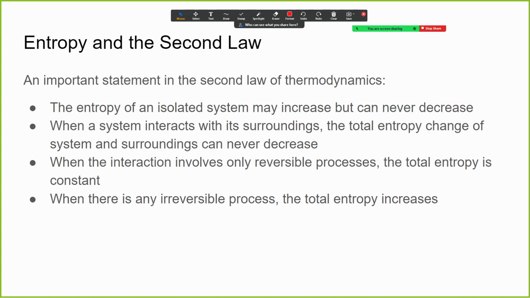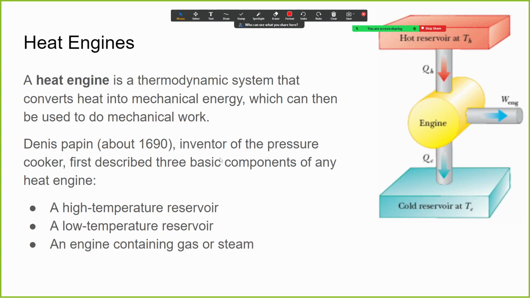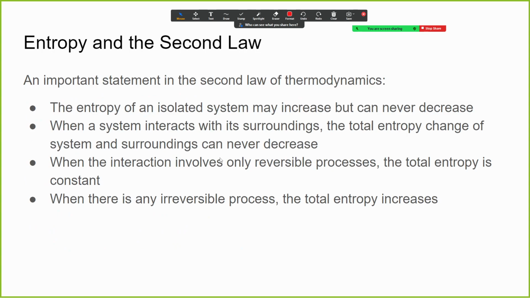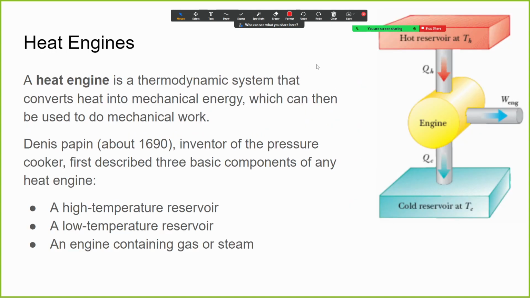That's the lowest that it could be, entropy remains constant, and that's only if something is completely reversible processes. An example of a reversible process would be a phase transition. When there is any irreversible process, the total entropy is going to increase. So once you have an irreversible process in whatever you're doing, that means the entropy is going to increase.